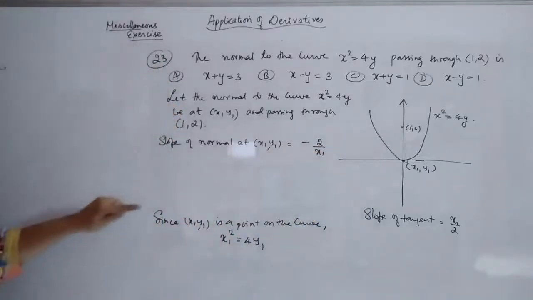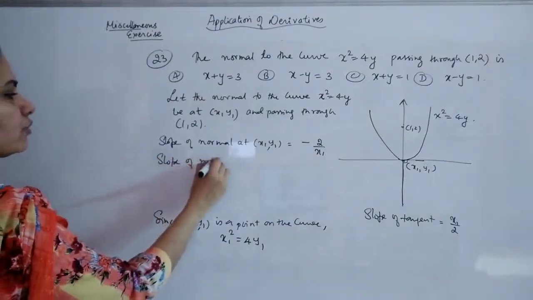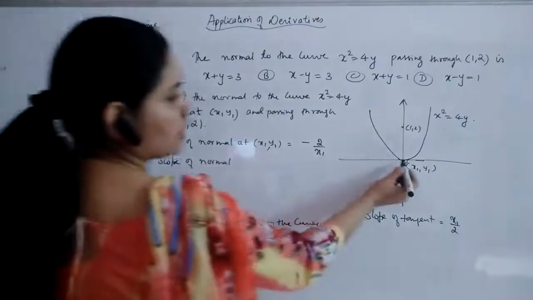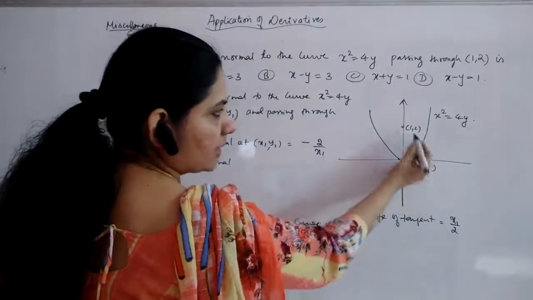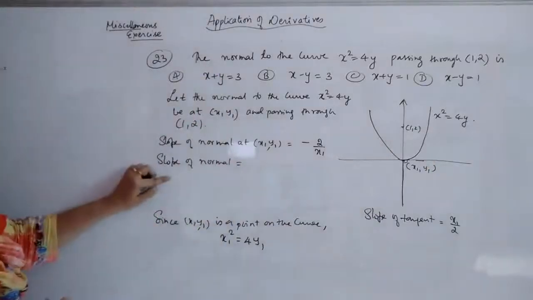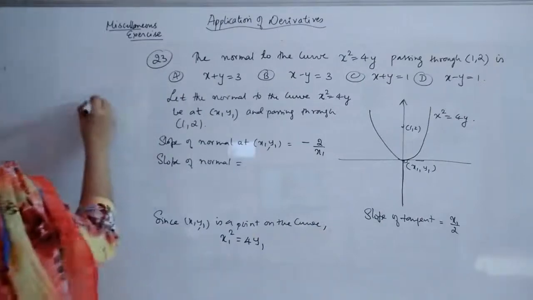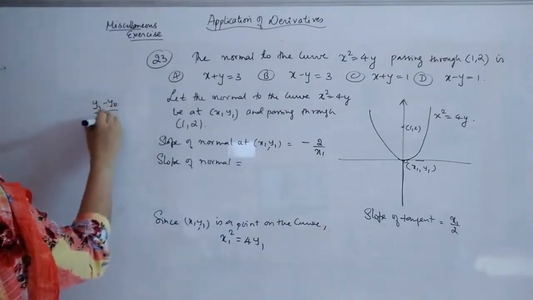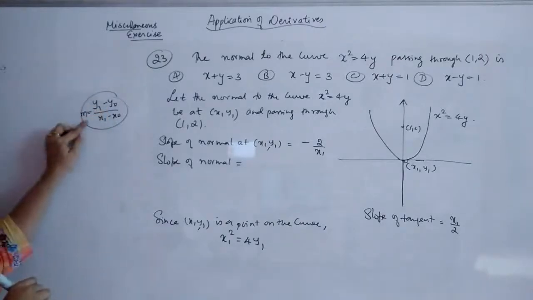Okay. Now, again, if I want to find out the slope of normal, you have 2 points here on the normal, (x1, y1) as well as (1, 2). So I can use the 2-point form for finding out. 2-point form means (y minus y naught) divided by (x minus x naught), or you can say (y1 minus y naught) divided by (x1 minus x naught), is also the slope of the line.